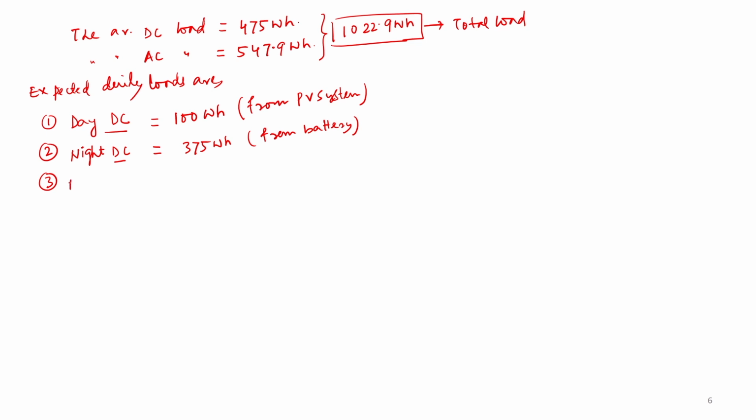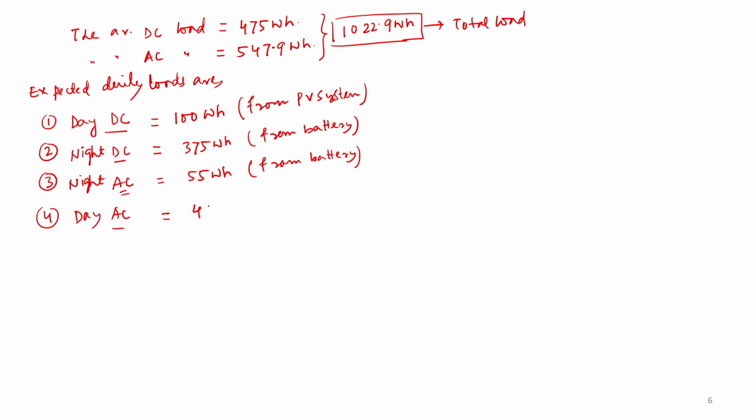At 3, we again use it at night, this is AC and it was 55 watt hour, also from battery. Daytime AC we can use directly without any batteries.